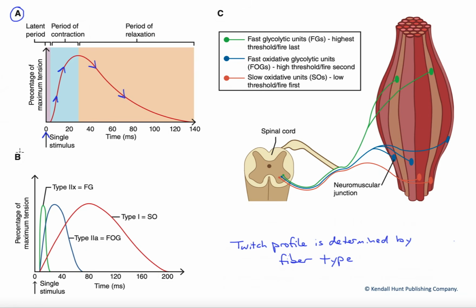Now, if we come down to B, what we see is that the different fiber types have different twitch characteristics. The slow type 1 fiber has a very long duration twitch, and by long we mean about 0.2 of a second or 200 milliseconds. So it's still a very fast event, but that's very long for a skeletal fiber twitch.